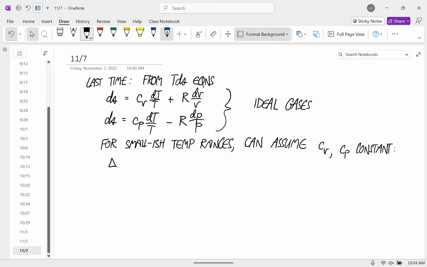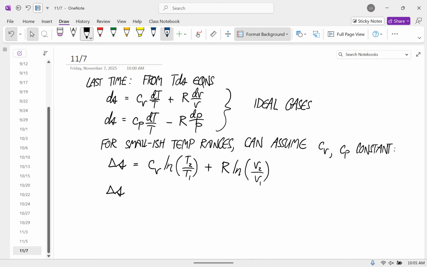And so it gives you that the change in specific entropy is equal to Cv times the natural log of T2 over T1 plus R times the natural log of v2 over v1. And you can do the other one the same way.